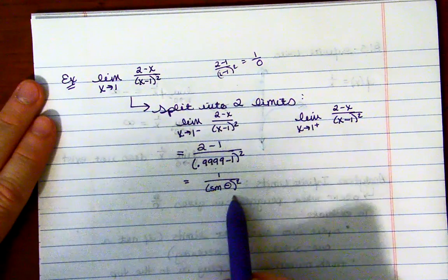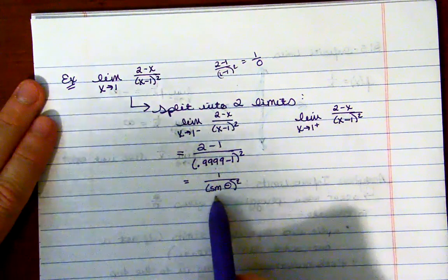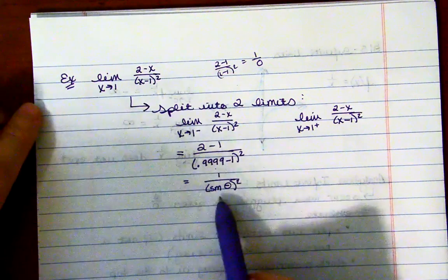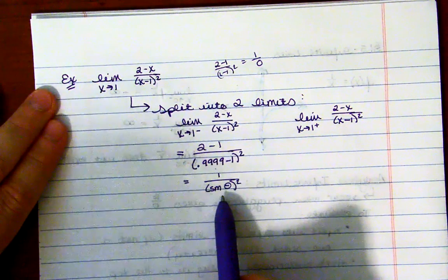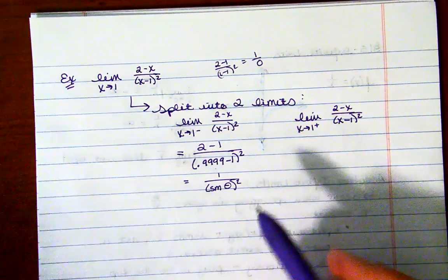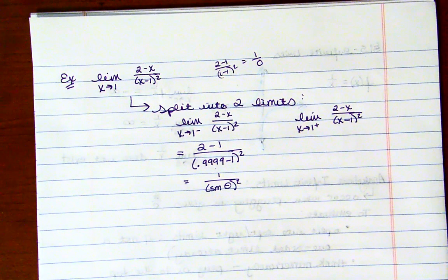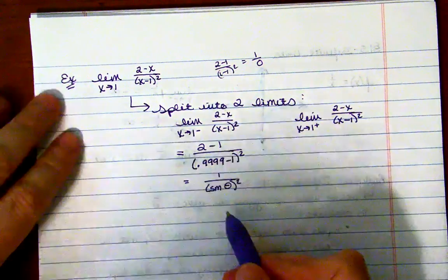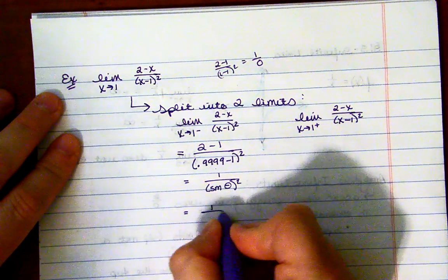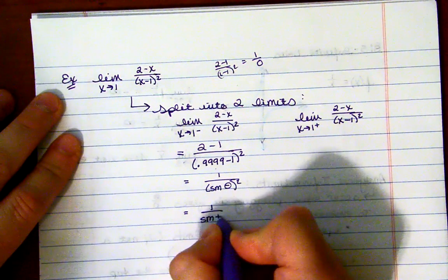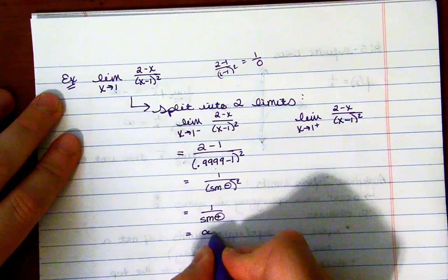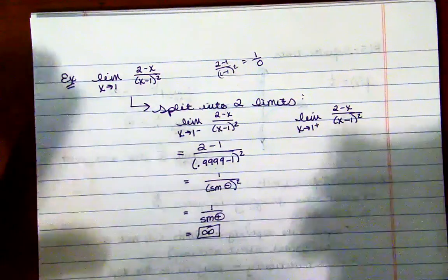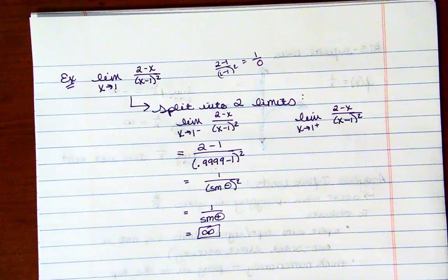If you take a small negative number and square it, you get an even smaller number, but is it going to be positive or negative? Negative times a negative gives you a positive, so I'm going to get 1 over an even smaller positive number. Well, 1 over a small positive, that's infinity, so that limit is infinity. You go try the next one.